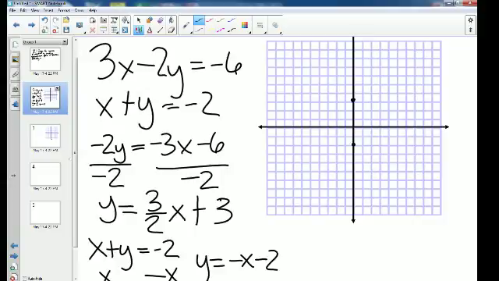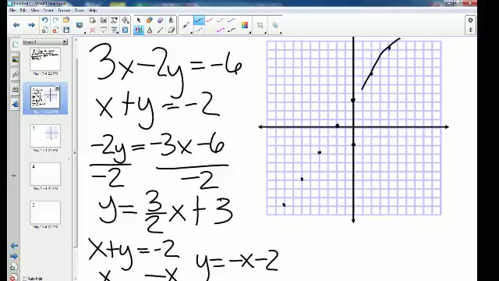The slope of the first one is 3/2, so you go up 3 and over 2, and then down 3/2, and you just keep doing down 3/2, down 3/2. That is one of the graphs.